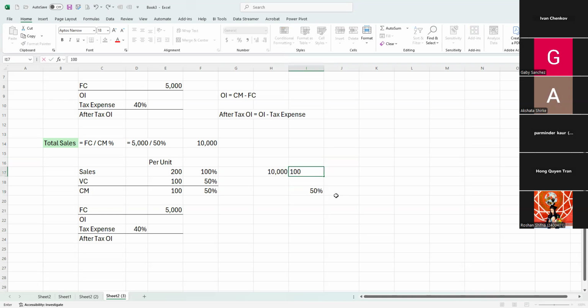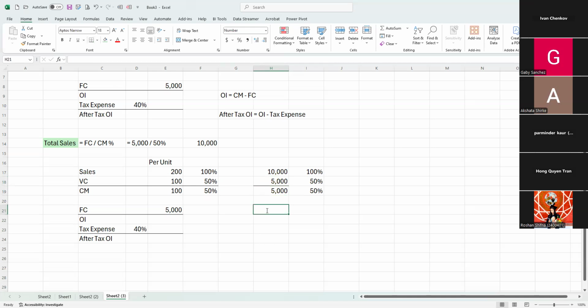Sales are 100%, so my contribution margin will be 10,000 times 50%. My variable cost will be 100 minus 50, so 50%. So my variable costs are also 50%, and my contribution margin is 5,000.